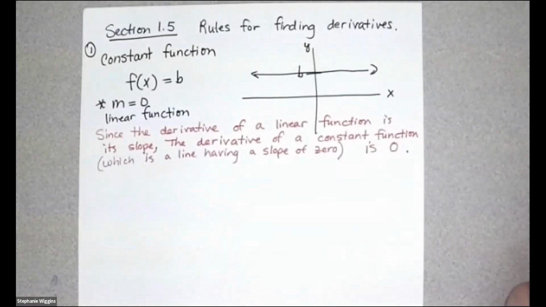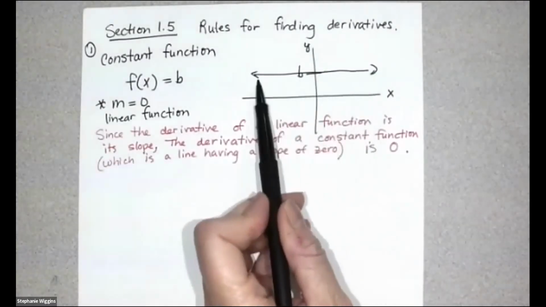And it doesn't matter what x is. The derivative is 0 everywhere. In fact, the derivative is itself a constant function, right?